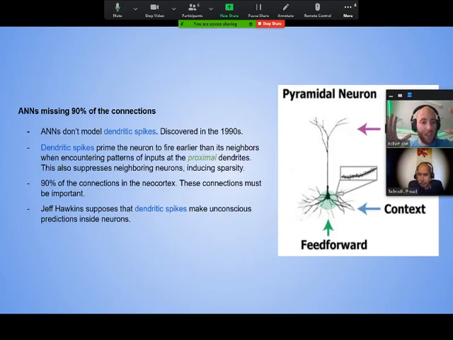When these dendritic spikes happen, it's like one of these neurons has been told to get ready, get set, and now it's ready to run and beat everybody off the line. And all of its neighbors notice this one neuron is going to fire first, and they give up and save their energy for the next race. This is just a loose analogy to give you some intuition.